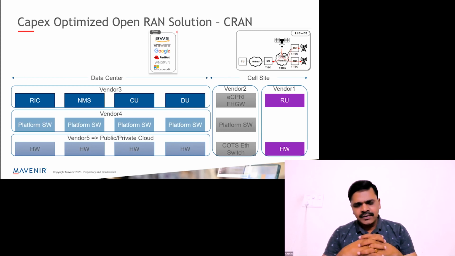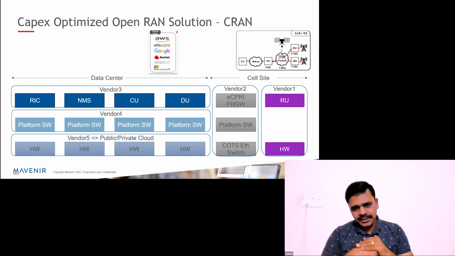So it gives immense flexibility in terms of how you build your network, in terms of Capex, and in terms of what platforms you want to use and how you want to do the automation. For example, the whole infrastructure automation depends on what kind of platform software and tools you're using.